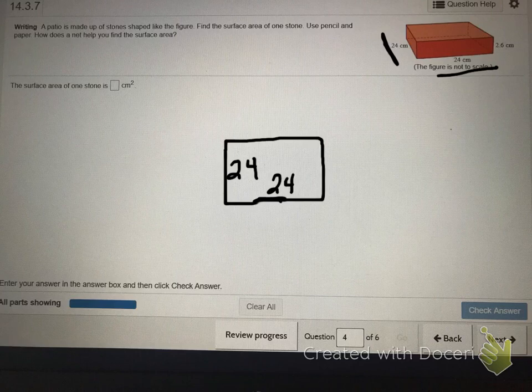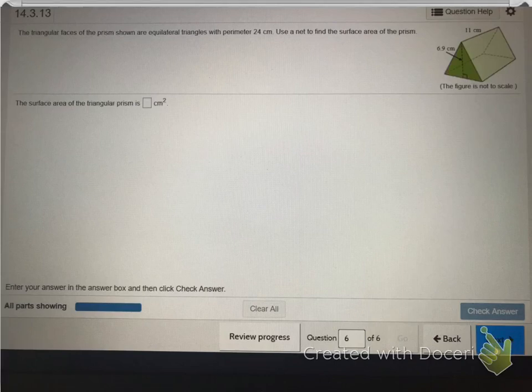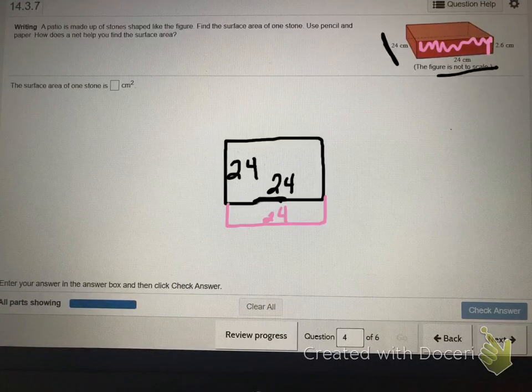Then I want to draw this front area right here. Okay, so that is this. And this is 24 as well. This edge here is 2.6.